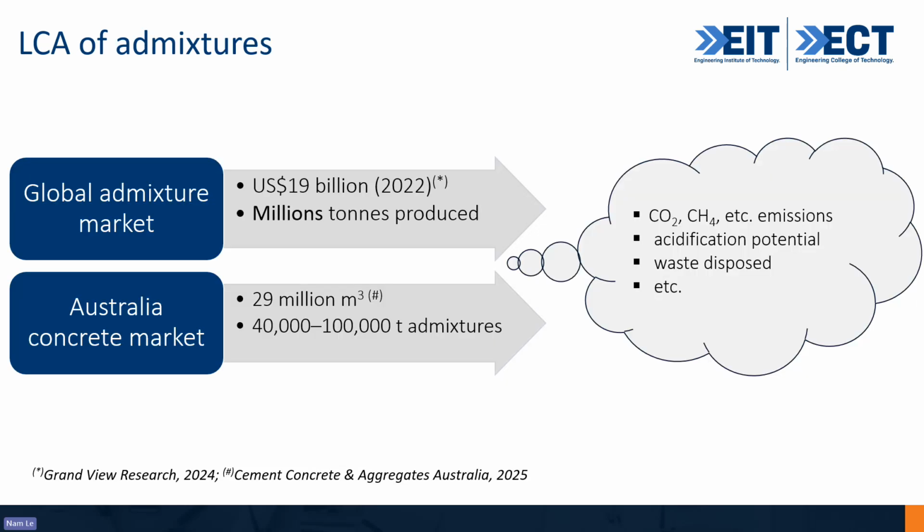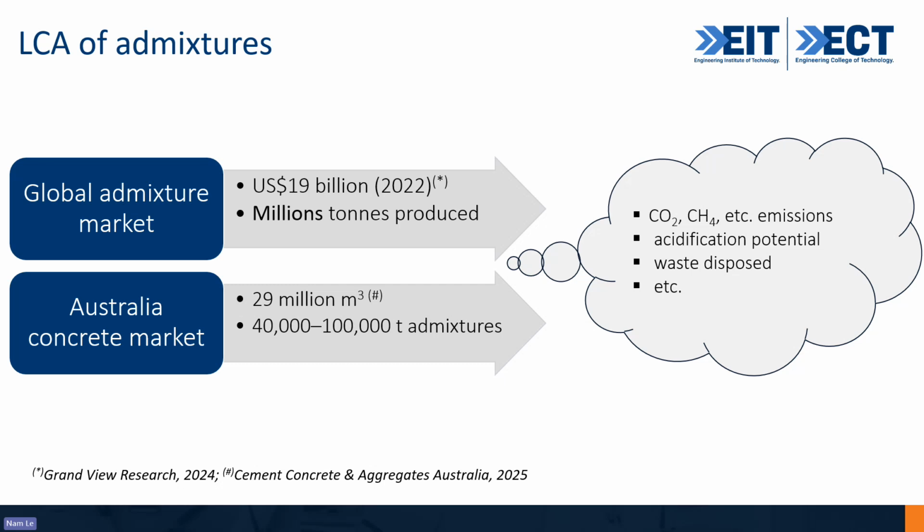Okay, and it comes to the question earlier that the admixture amount is very small in the concrete. Why are we interested in the LCA, or life cycle assessment, of admixtures, right? Here are just some figures for you to understand the whole picture.